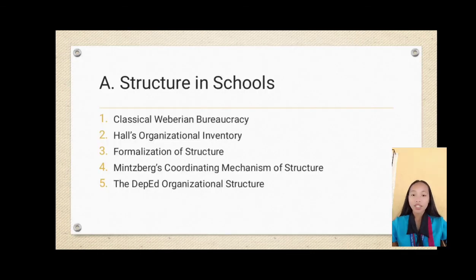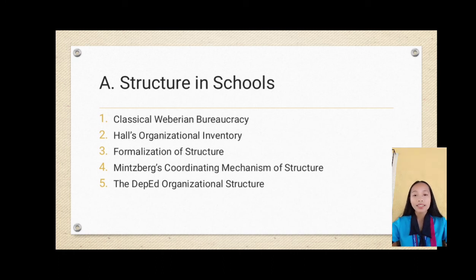Okay, so under the subtopics of the teacher as school culture catalyst, we have the structure in school, which are the following. First is the classical Weberian bureaucracy, second, Hoy's organizational inventory, third, formalization of structure, fourth, Mintzberg's mechanism of structure, and fifth, the depth and organizational structure.